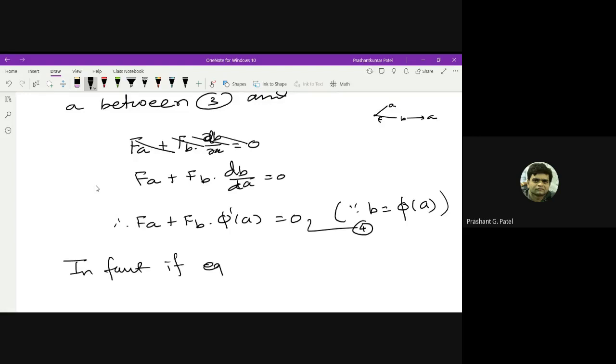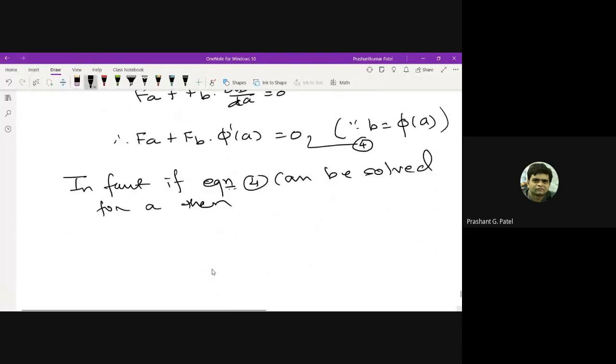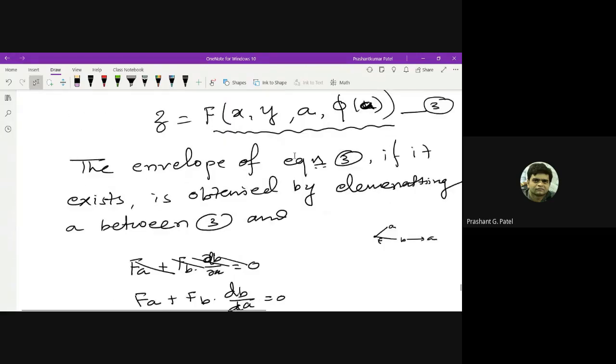if this equation 4 can be solved for a, then we write this a as a function of x and y, and substituting this value of a into equation number 3 we will obtain the integral surface.